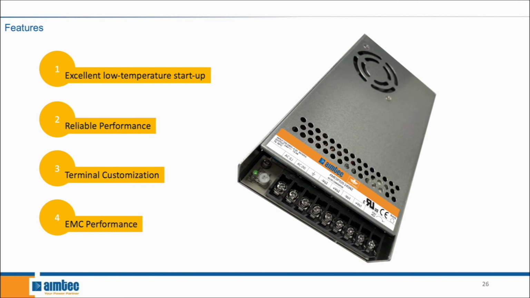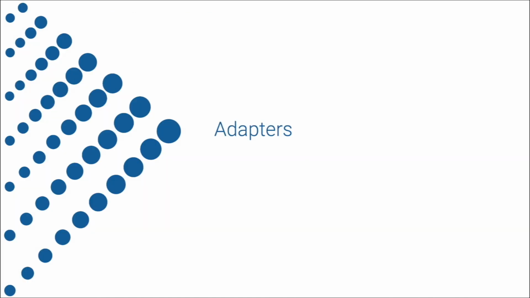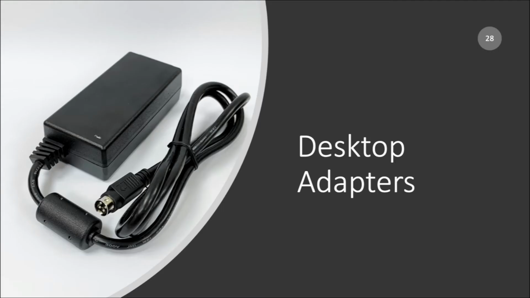We have recently launched part of these models in our latest price list, and the rest will be available to you shortly. Aimtec, always looking for new ways to innovate and to grow our product portfolio in the most efficient and effective way possible, will also be entering the adapter market. Aimtec will soon be launching these new AC-DC adapters.